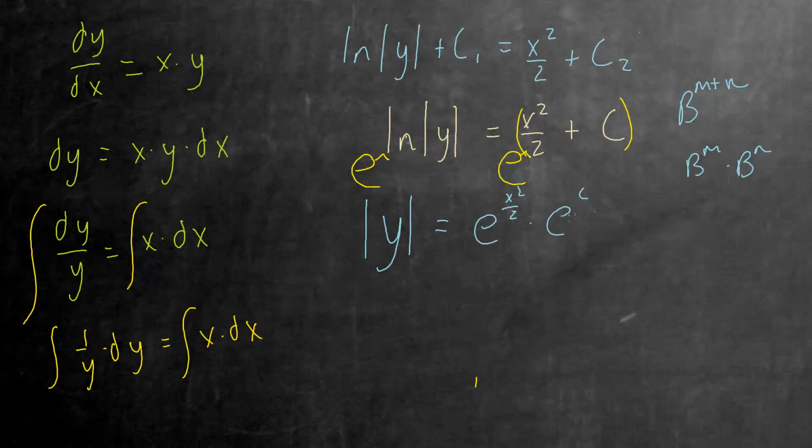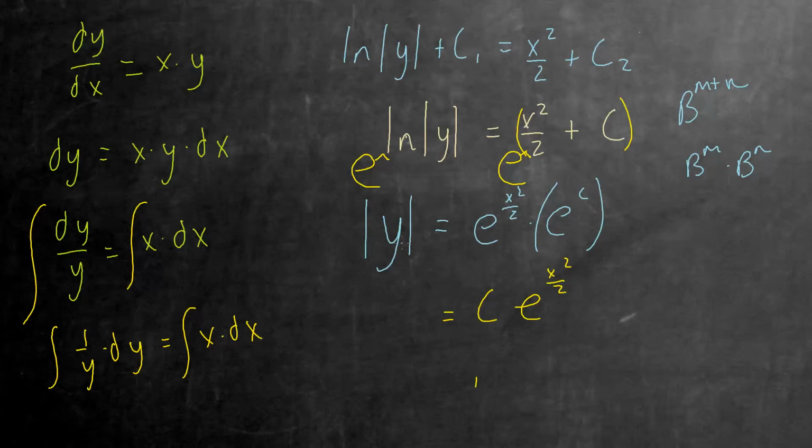The next thing that happens here is e to the c, and you're gonna laugh, but e to the c is another constant. So we actually just take this whole thing and call it another constant. So this e to the c becomes c e to the x squared over 2.